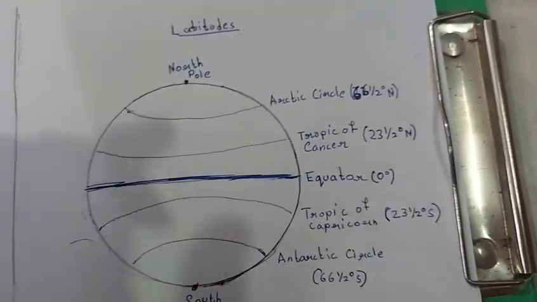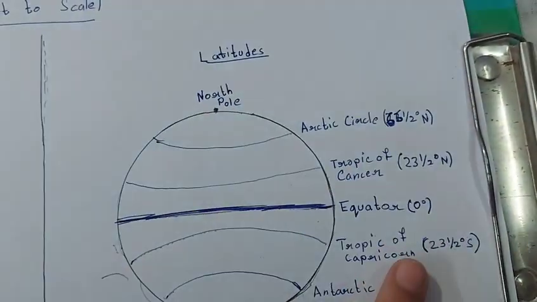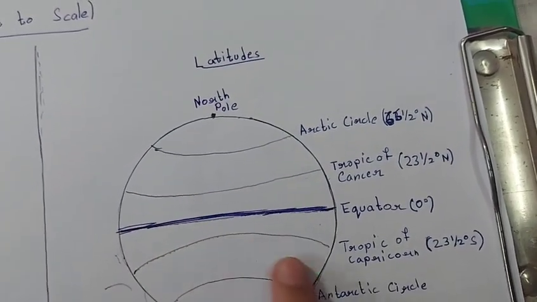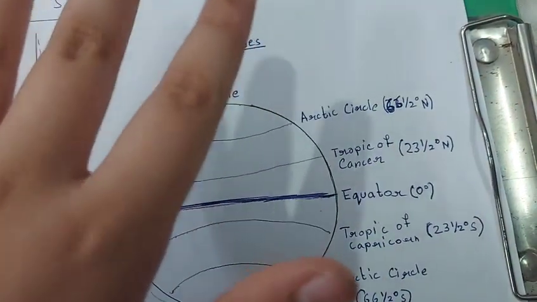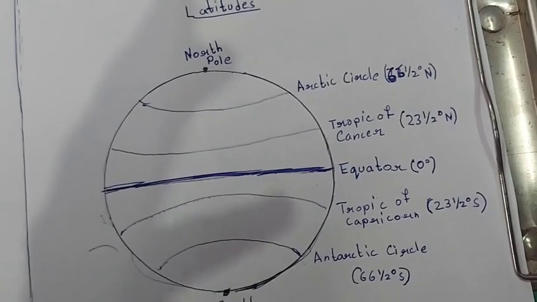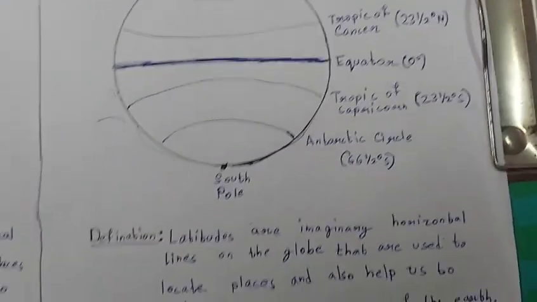They're based on the temperatures. For example, it's so hot near the equator, so this will be one zone, the torrid zone. There is moderate temperature in another zone, and there is so cold a temperature near the poles, so that will be another zone. So there are 3 heat zones of the earth.